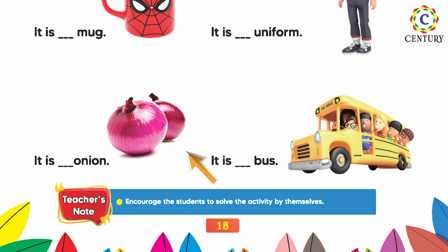It's O, and it is also a vowel, so we can use an here. It is an onion. Okay, let's move. It is dash bus. So B is not a vowel. B is the initial sound of bus and it is not a vowel, so we will use a here. It is a bus.